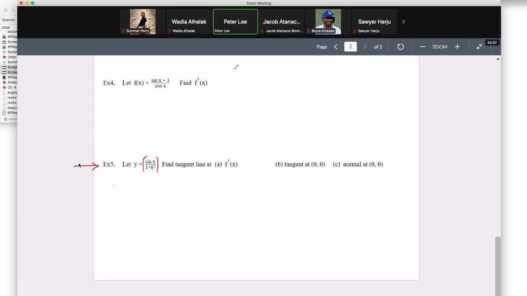And by the way, do not get mixed up between limit problems and derivative problems.